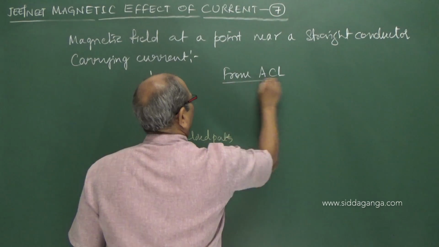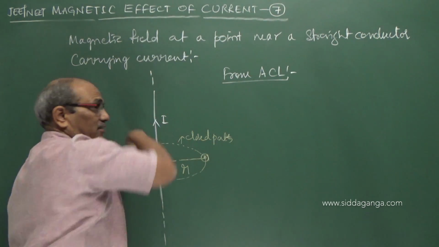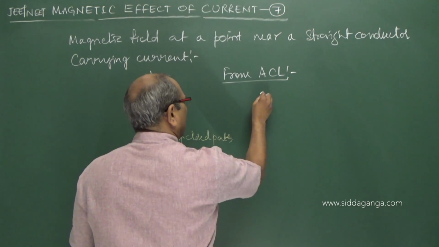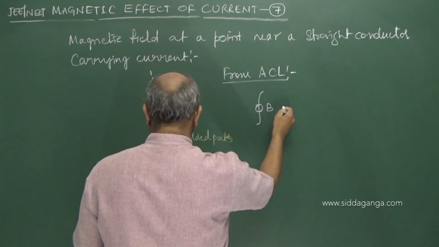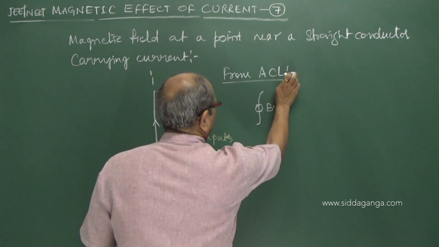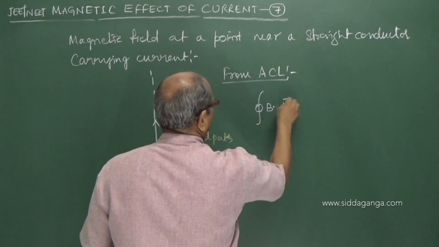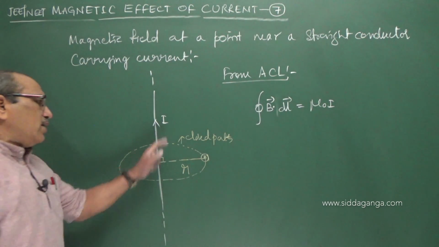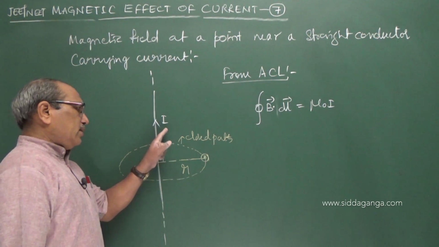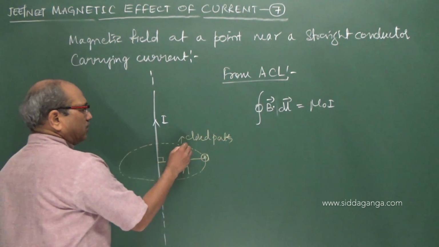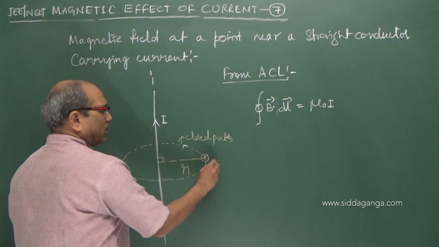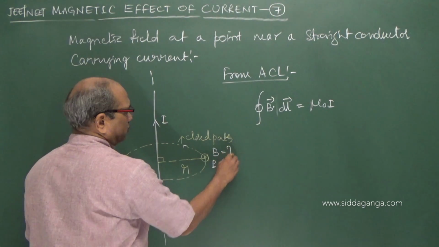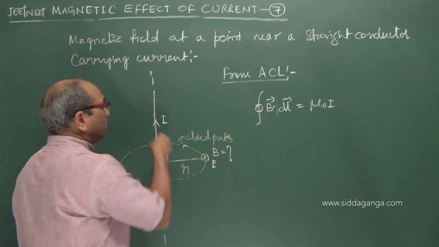From Ampere's circuital law, like KCL, KVL, it is ACL, the line integral of the magnetic field B dot dl is equal to mu naught I, only here, because only one current exists here. The loop is taken of this form about the point P, where I want to find the field at a distance r from the conductor.